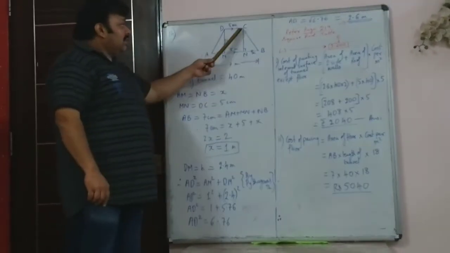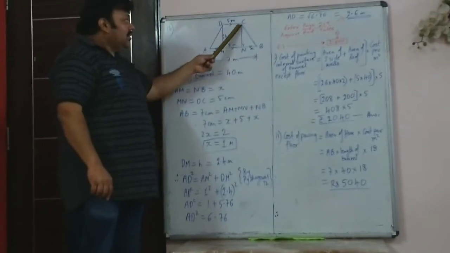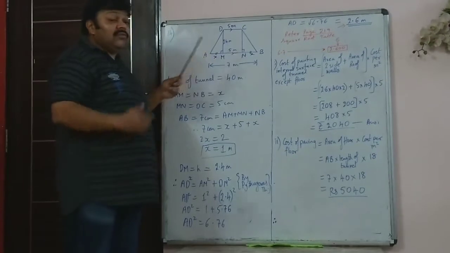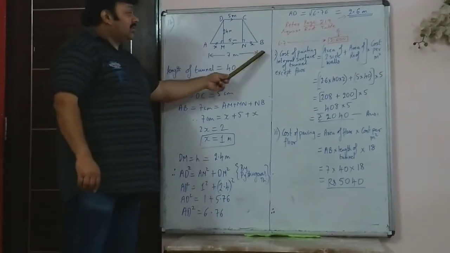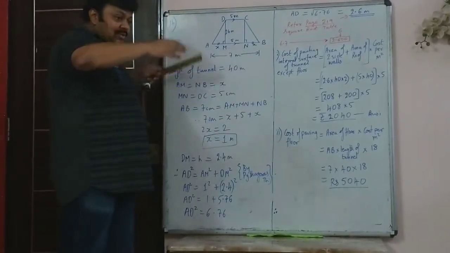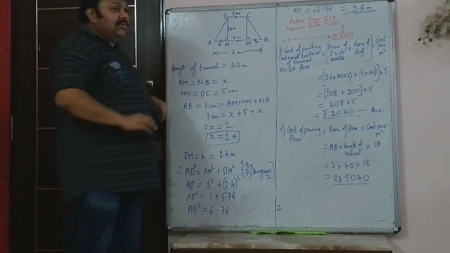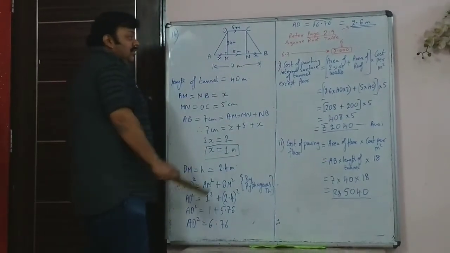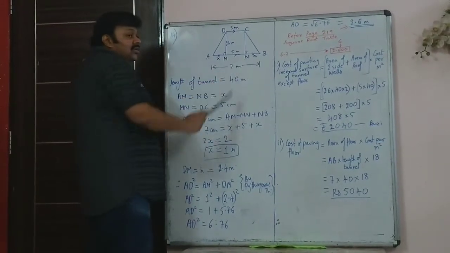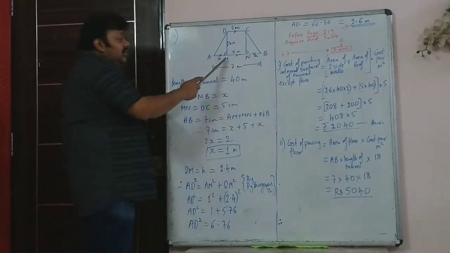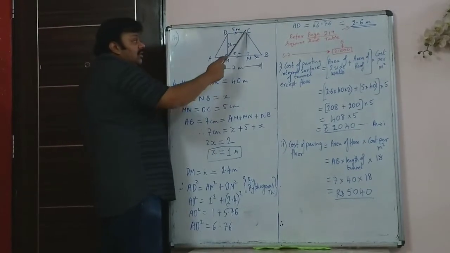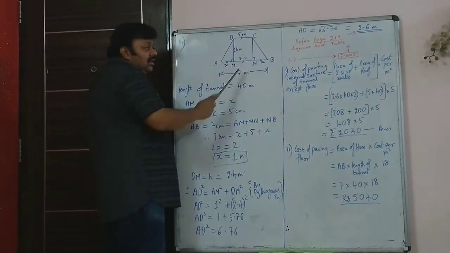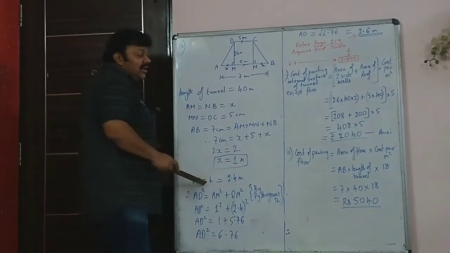Now you are given that DC, that is the top surface, was 5 meter in width, whereas the base, because the tunnel was tapering, it is in the form of a trapezium, therefore the base is longer, it is 7 meter. You are also given AM is equal to NB, so we consider both of them to be X. Now DC and MN are both parallel and the angles are 90 degrees, so it's a rectangle.